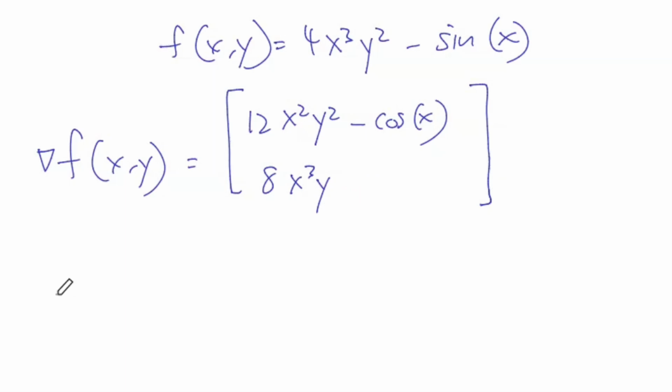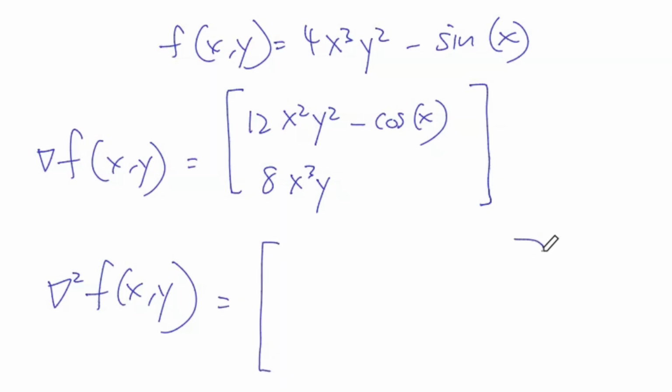How about the Hessian of f? The gradient is a 2 by 1, and then you have the 2 by 2 Hessian.